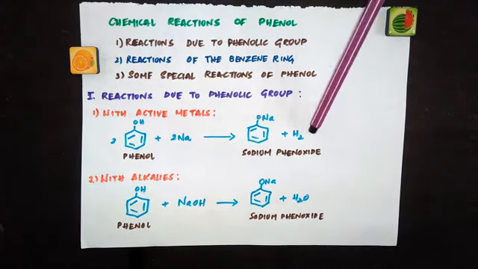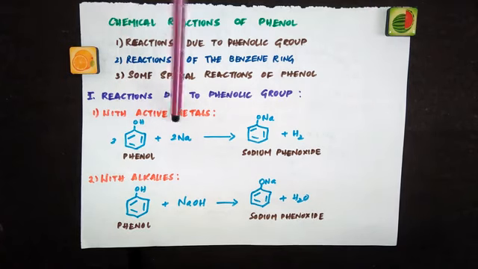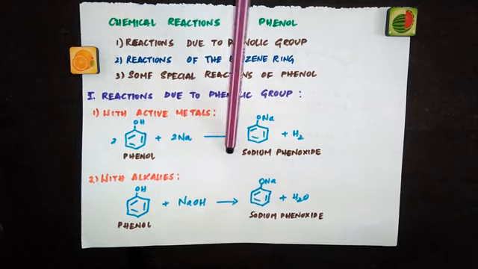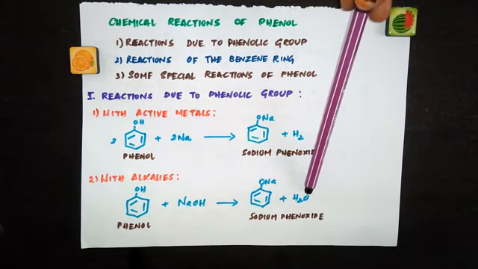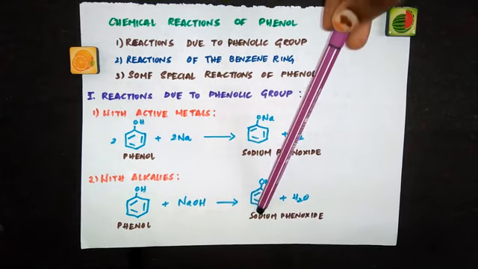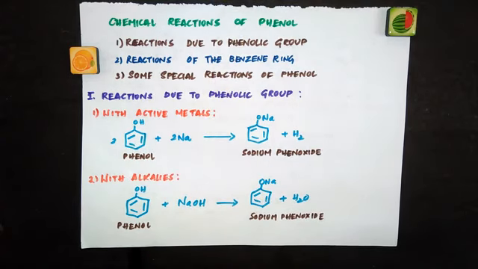This evolution of hydrogen gas when phenol reacts with sodium shows that phenol is acidic in nature. Same way, phenols neutralize caustic alkalis like NaOH and also KOH. They form salt and water. So when phenol is treated with NaOH, again you're getting sodium phenoxide, along with that you're getting water.